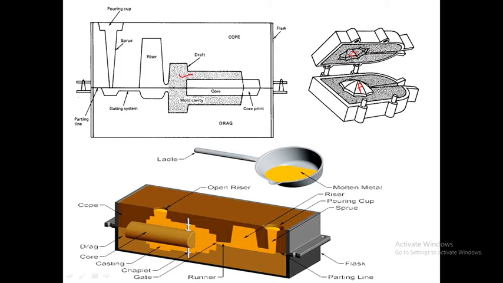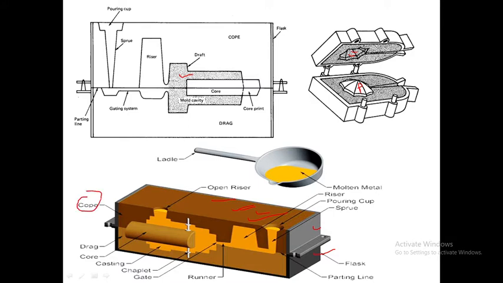Now the next terminology is flask. Flask is the rigid wood or metal frame that holds the molding material. Next terminology is cope.